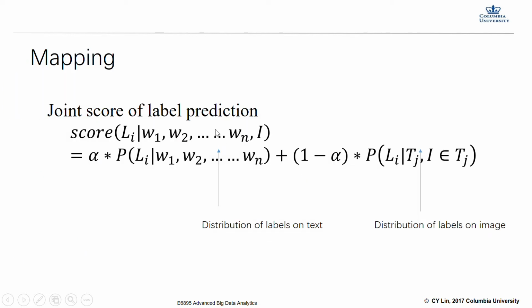Then whenever we have the label we predict from the words, and the label we cluster according to the image, these are two distributions, and we put some weights on them: we put alpha on the word label, and we put 1 minus alpha on the cluster prediction. Then we can get the label.